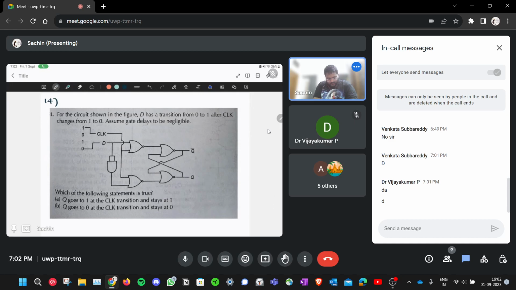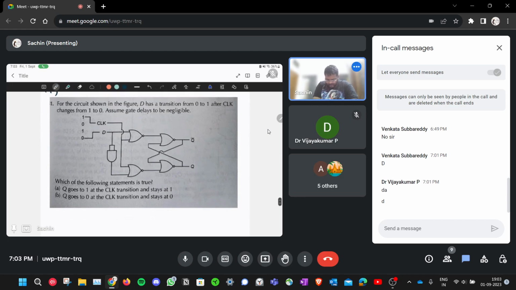Okay, this thing, if you observe, it's an SR latch. I think they made a mistake. This is probably a NAND gate, so it should be D and D bar being fed.